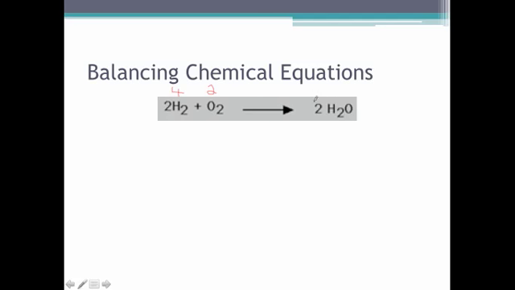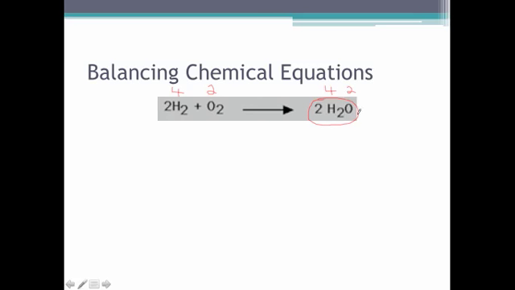We've got 2 molecules of H2O, which means 2 twos, or 4 hydrogens here, which is what we're after, and 2 ones, or 2 oxygens here. So you can see we've got 4 hydrogens, 2 oxygens, 2 oxygens. That equation is now balanced and it's complying with the law of conservation of mass.